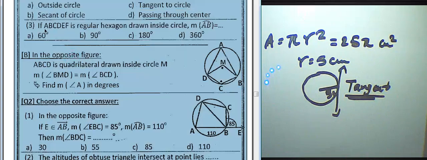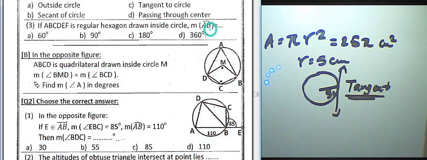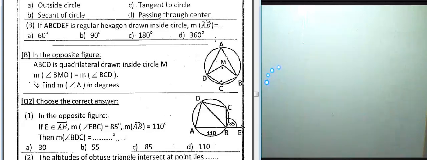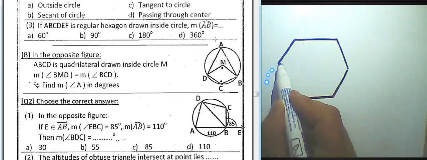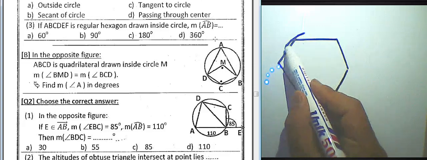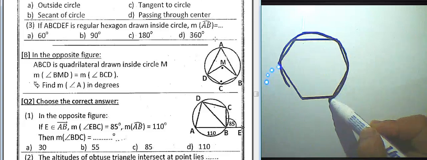Question 3. If ABCDEF is a regular hexagon drawn inside a circle, the measure of arc AB equals space. We have a hexagon. We know the sum of interior angles of a hexagon equals 720 degrees, and 720 divided by 6 equals 120. This regular hexagon is drawn inside a circle.